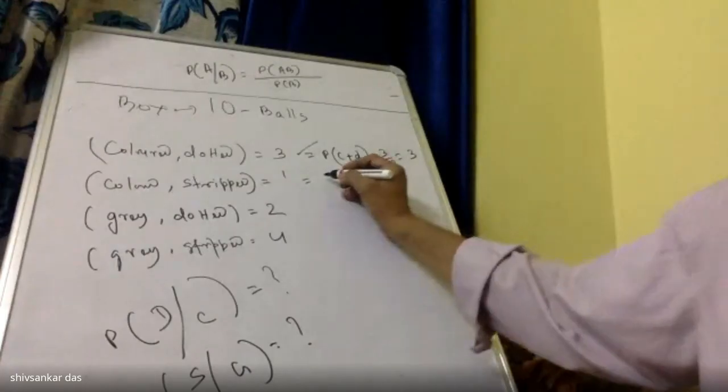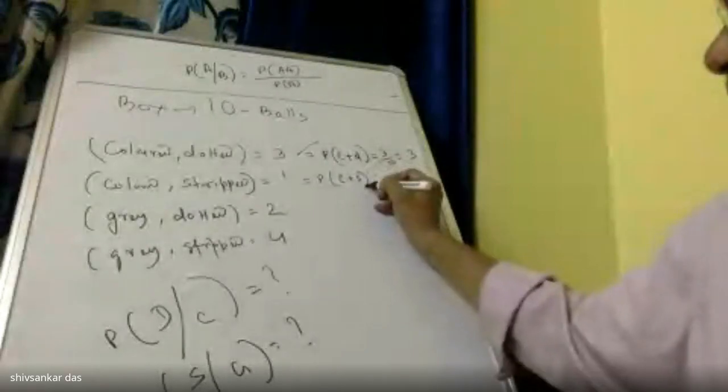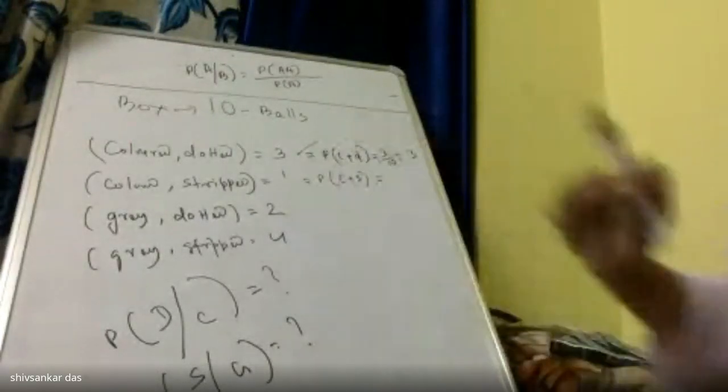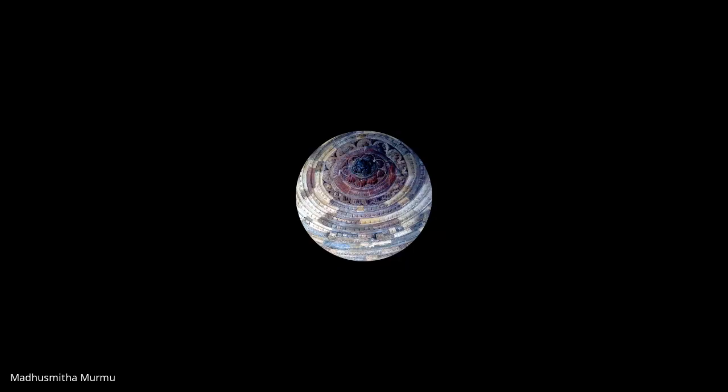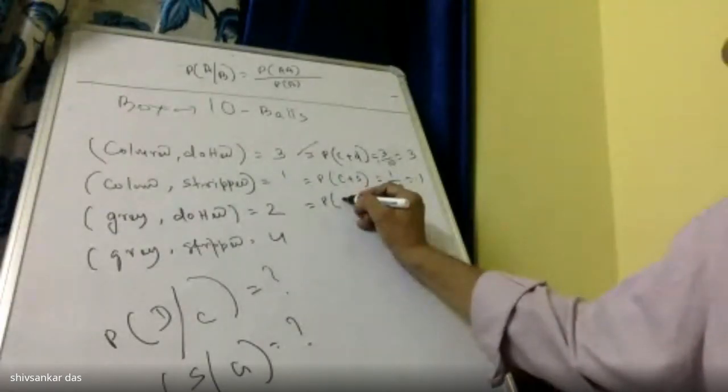Then probability of colored and striped is equal to how much? 1 by 10. Excellent. The probability of gray dotted, 2 by 10, that is equal to 0.2.